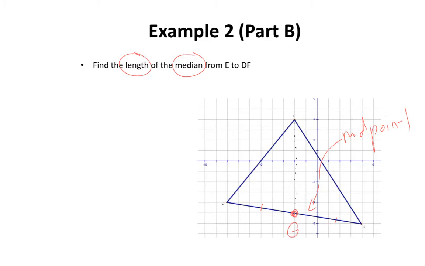So I'm going to write that down. D is -8 and -4, while F is 4 and -6. If you recall, the equation for midpoint is like so.